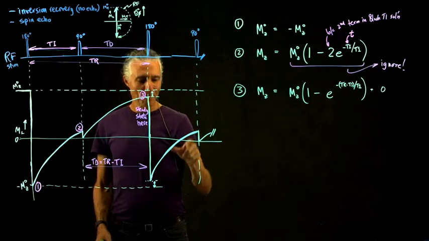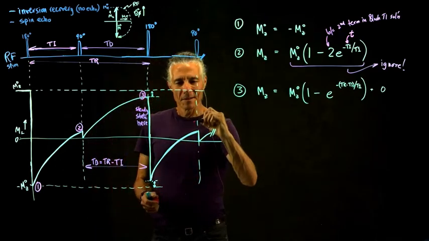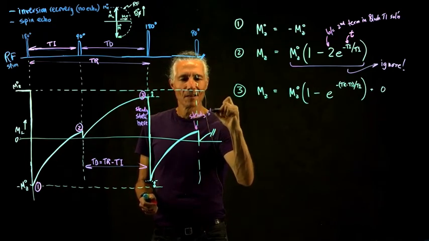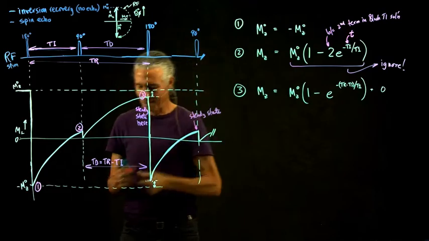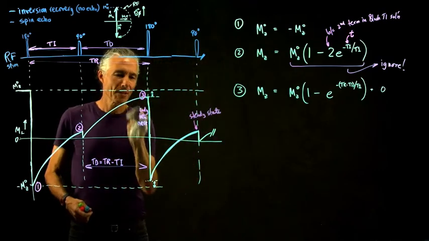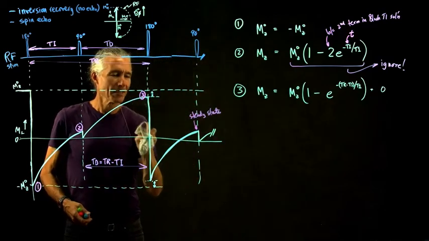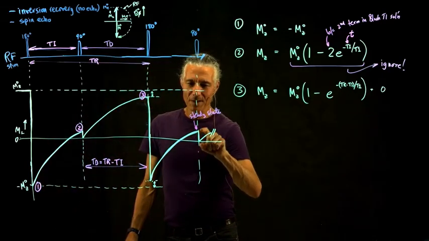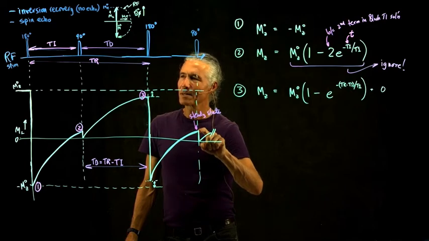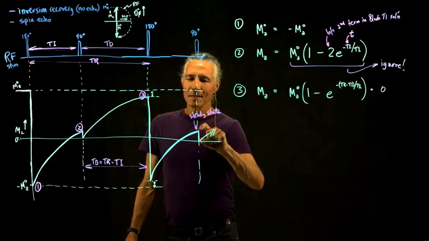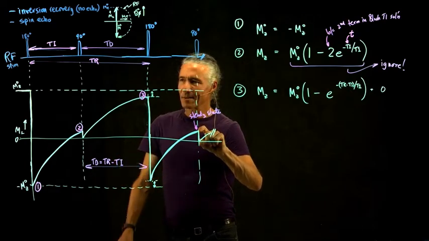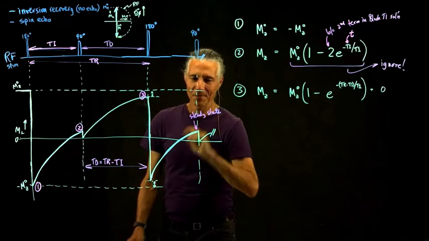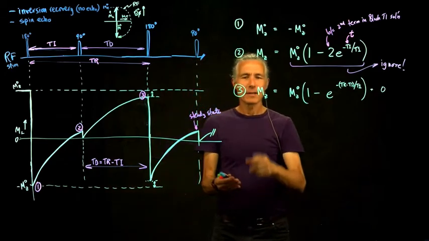Steady state should really be here. I'll just put it here, because we haven't had this slightly different recovery yet. This is our bottom line, what we want to figure out: what is this amount of longitudinal magnetization ready to be converted into transverse that we can record? That's the steady state there. Sorry about that. Okay, so that's number 3.